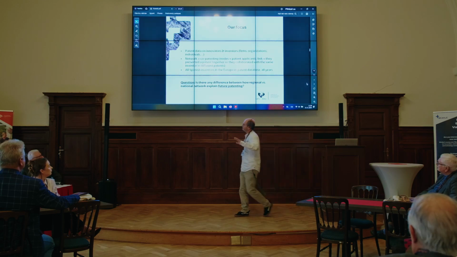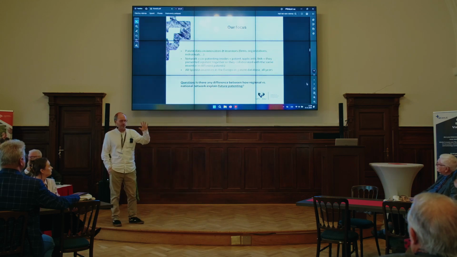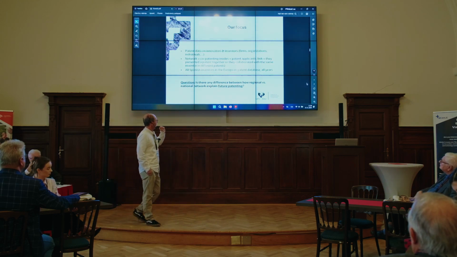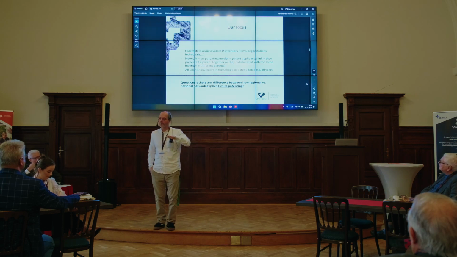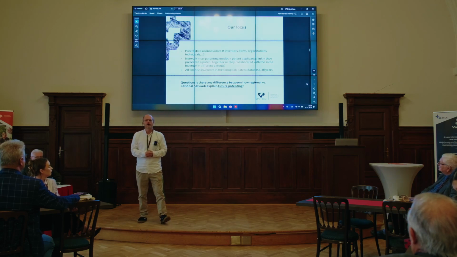We have all the data about all the Spanish inventors in the European database, over all history, and we ask how the current network influences future patenting outcomes of the innovators. That's a very simple question.